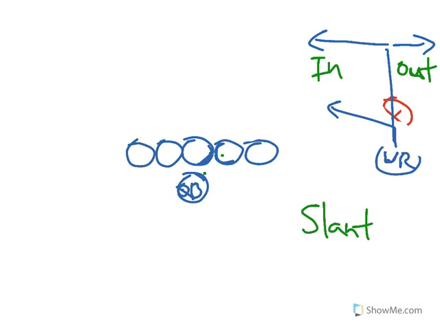These are mostly around maybe 10 to 15 yards from the line of scrimmage, and you cut very sharply to the left or the right. And again, in that case, you're trying to elude your defender in a sideways manner.